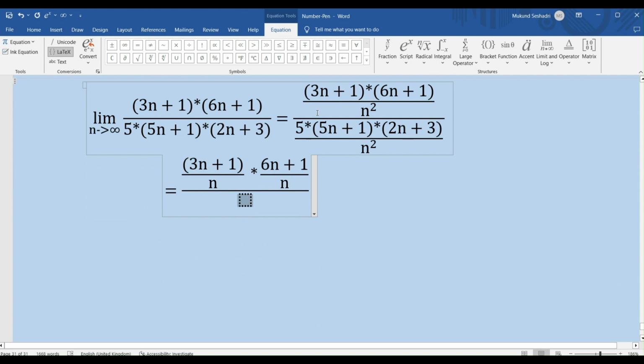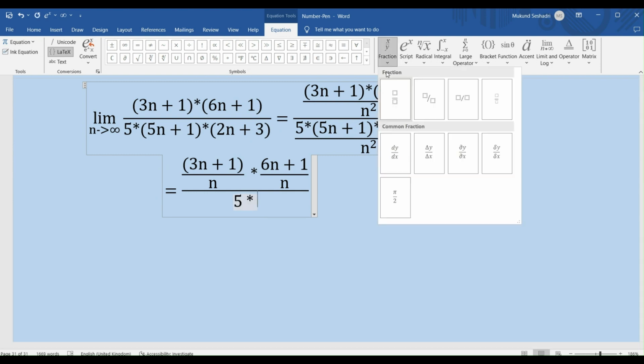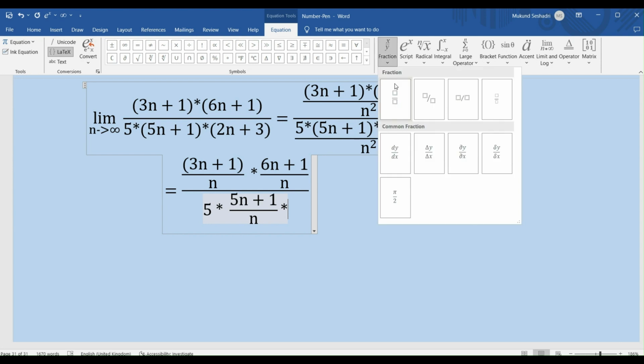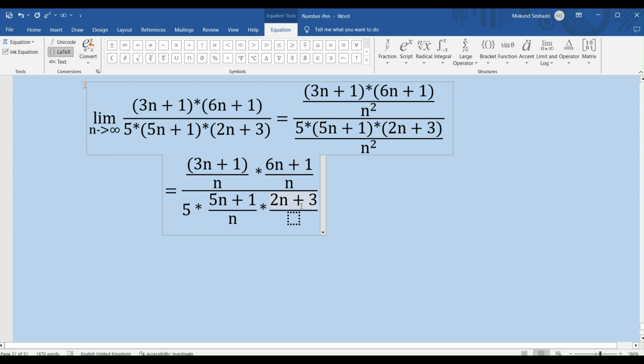And we will write the denominator as well in a very similar fashion. 5 into 5n plus 1 divided by n into 2n plus 3 divided by n, right?